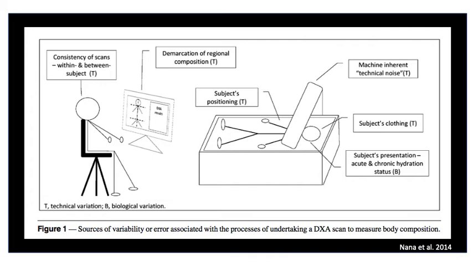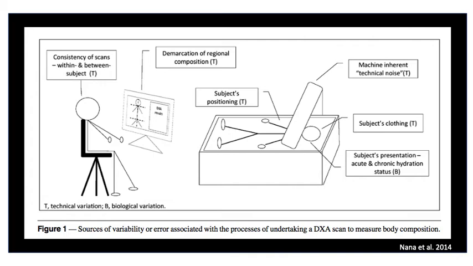Lastly, the B is biological variation, in brackets, which is the subject's presentation. This is how they come to the lab. Are they acutely or chronically dehydrated or hydrated? So their hydration status matters, because we're not measuring total body water, so we don't know how hydrated or dehydrated they are.